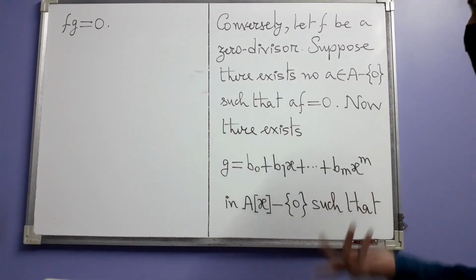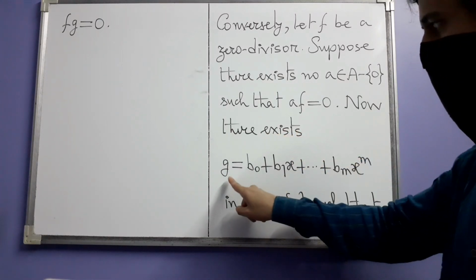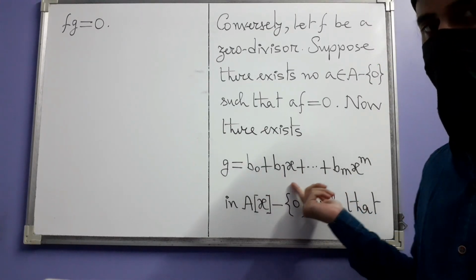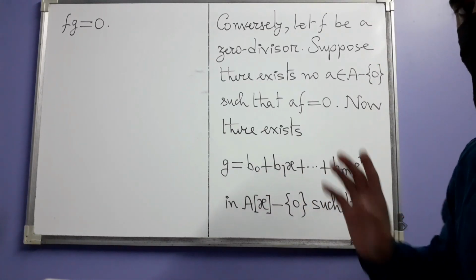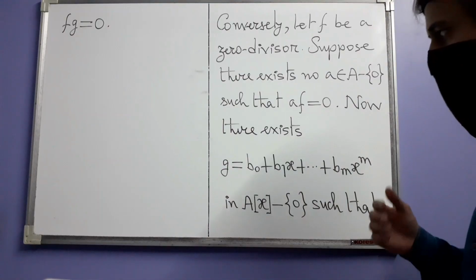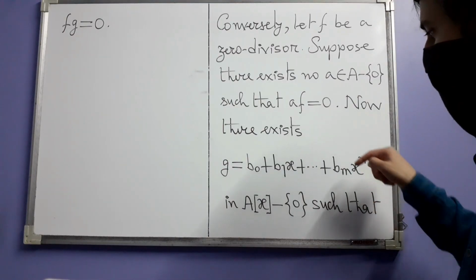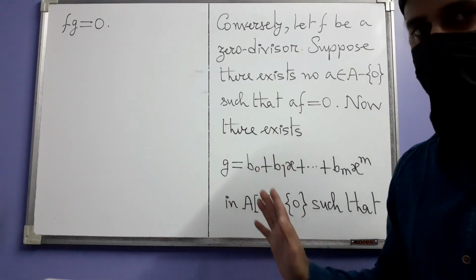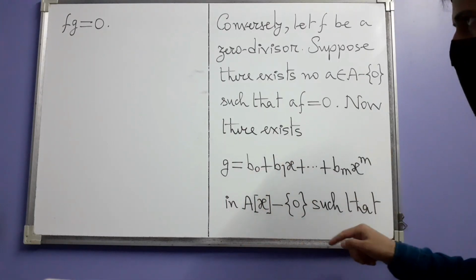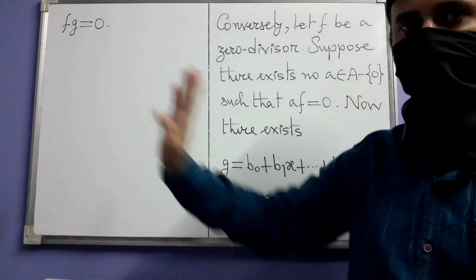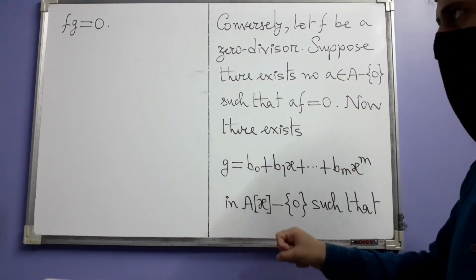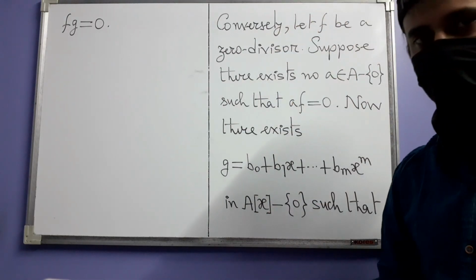Now there exists a g which say is this polynomial b0 plus b1x and so on up to bm x to the power m, where m is some non-negative integer. In A[x] minus 0, this g is not the 0 polynomial, but such that fg is equal to 0. And again I am saying that we are getting g because f is a zero divisor.